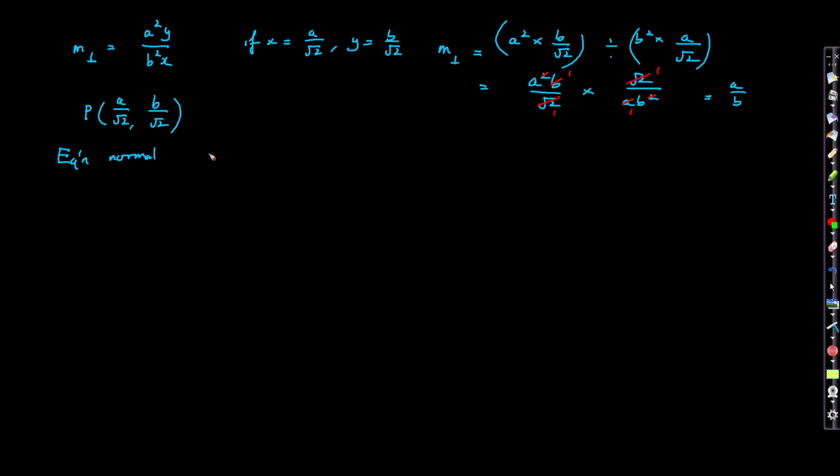So therefore the equation of the normal would be y minus b over root 2, which is y1, equals this gradient, a over b, times x minus a over root 2. Let's expand this out a little bit. So a over b x minus a squared over, let's say, root 2b. And then we want the y-intercept.